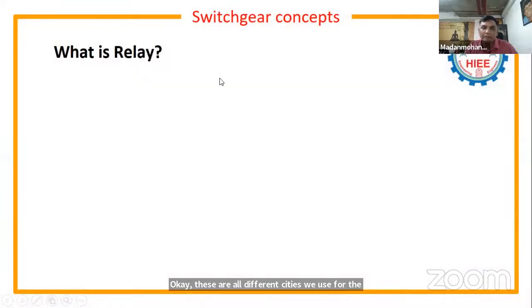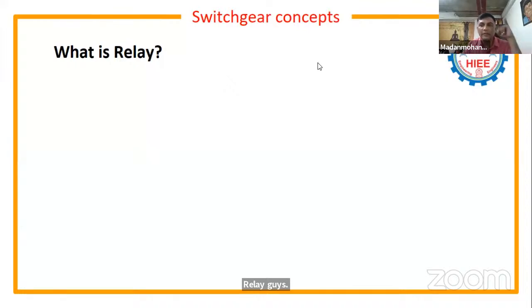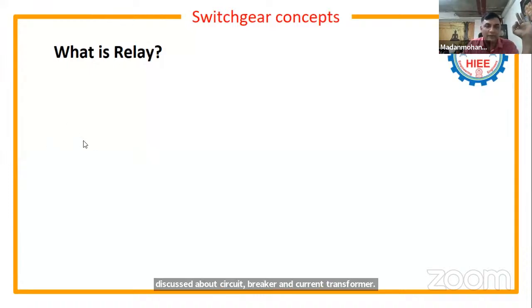So next, the most important point we need to understand is the relay, guys. We discussed the circuit breaker and current transformer, like father and son. We have to discuss the mother here, because the relay, what do you mean by relay here?